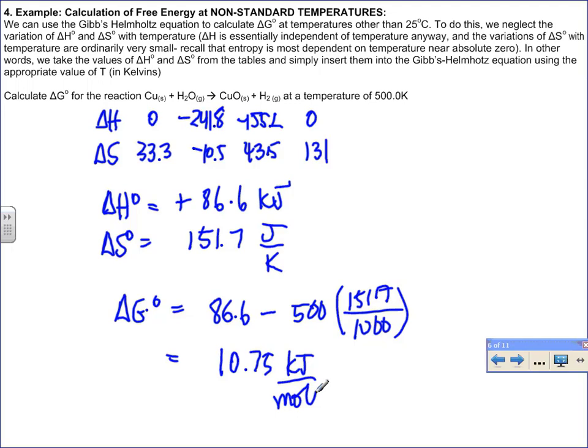Okay, so this process here is non-spontaneous at 500 kelvins. And this is an example where we've got an endothermic reaction. The entropy is increasing in the system, so it could potentially become spontaneous, but the temperature is going to need to be even higher than 500 Kelvin in order to make it spontaneous, or make this eventually become negative.